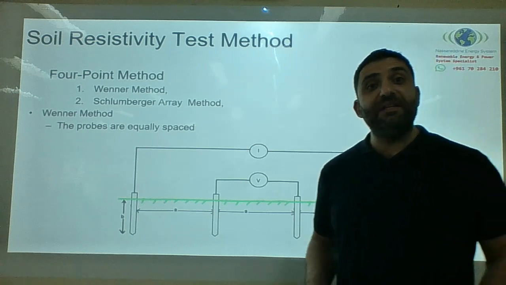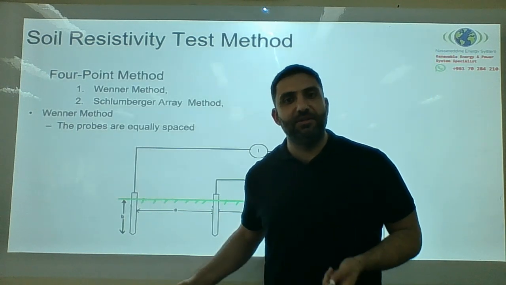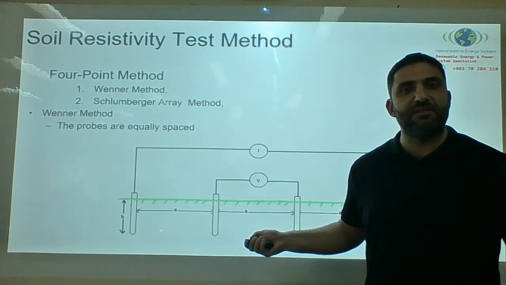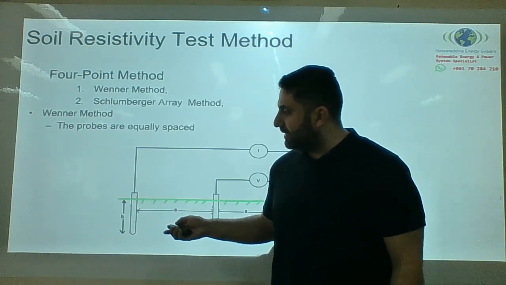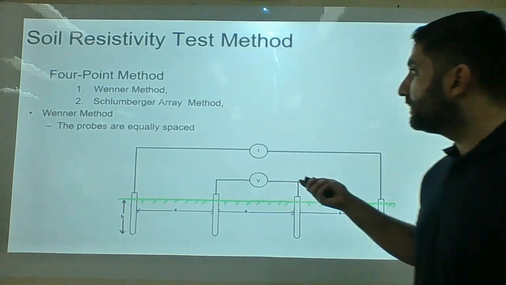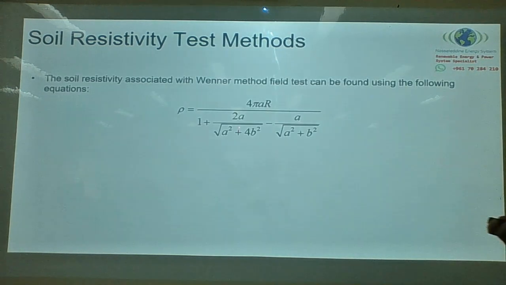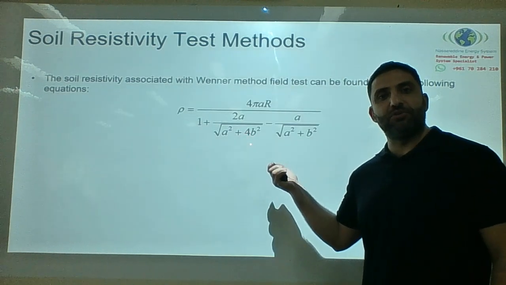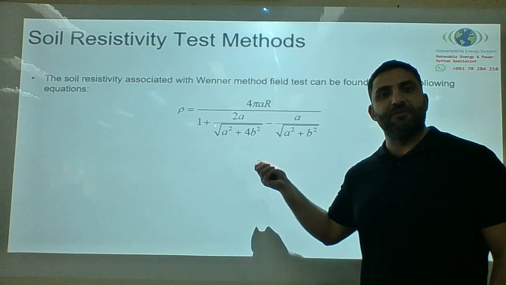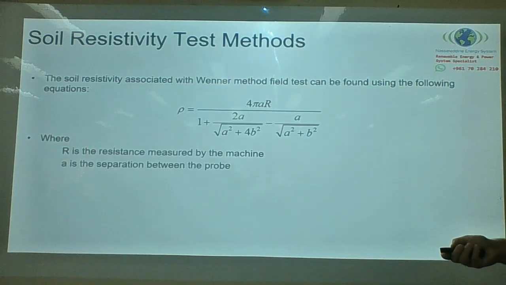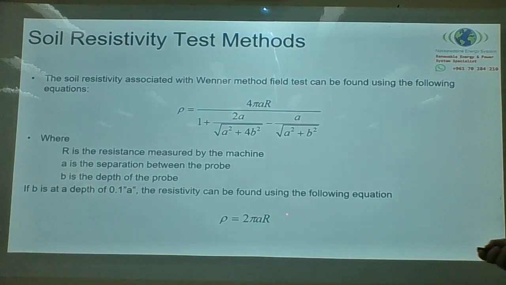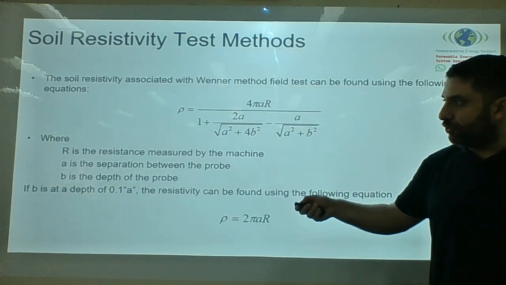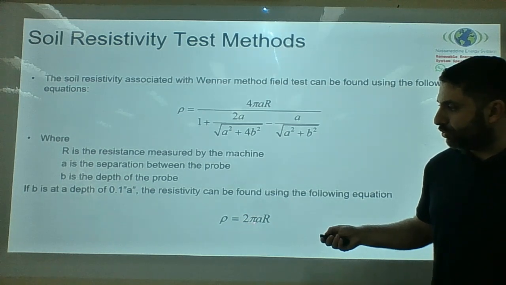A will be in meters for substations, maybe 100 meters, 50 meters, depending on the site. So if I apply a large A against a very small B, this 0.05, 0.02, and this could be 150 squared, I can have a very accurate estimate of the soil resistivity using the Wenner method: 2 pi A R.